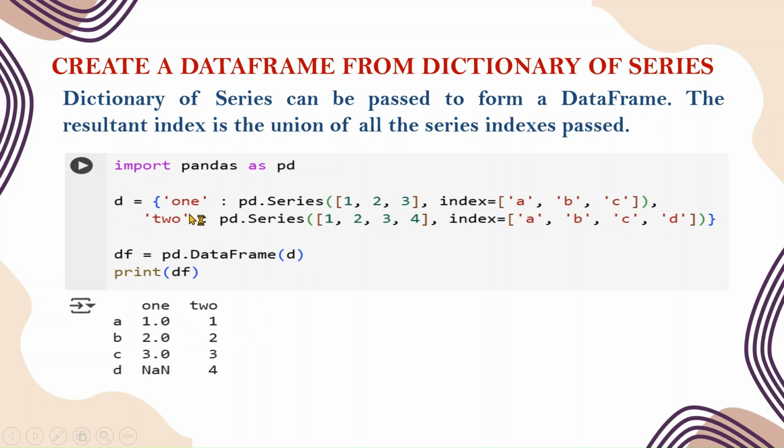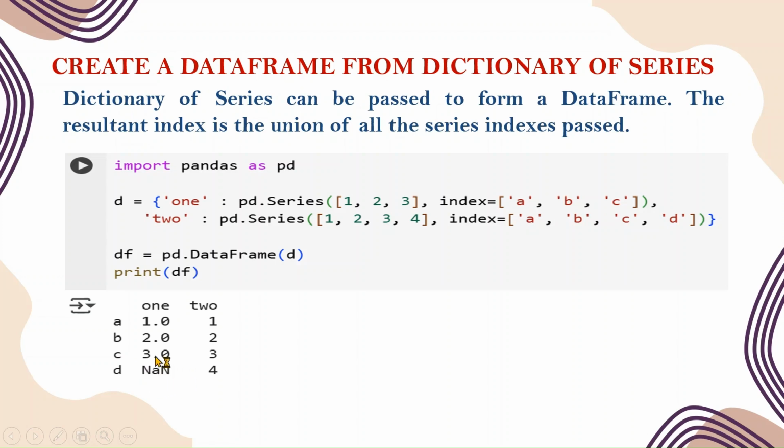Here you can see one column is 1, the second column is 2. But how many elements are there? In the first you get 1, 2, 3. You get NaN because D is also there, but in the first series there is no D value, only ABC. So if you don't have the data, you get not a number.